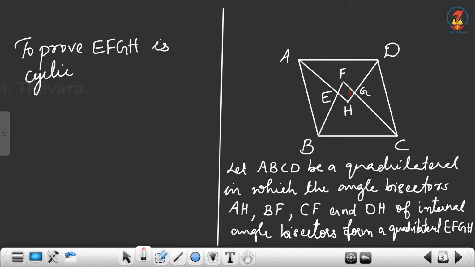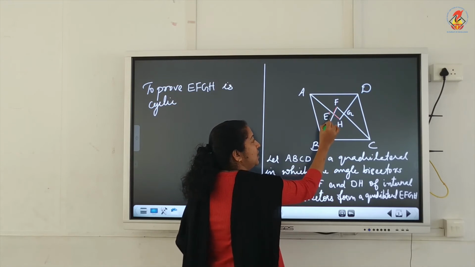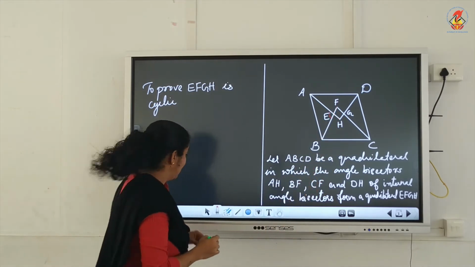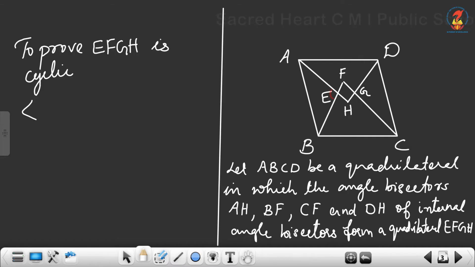For that, if we consider this angle FEH, angle FEH is equal to this angle, isn't it? So what we can write is angle FEH is equal to angle AEB, using vertically opposite angles.